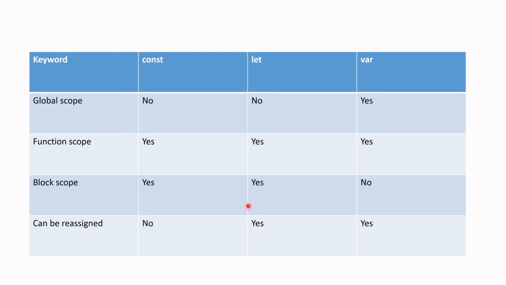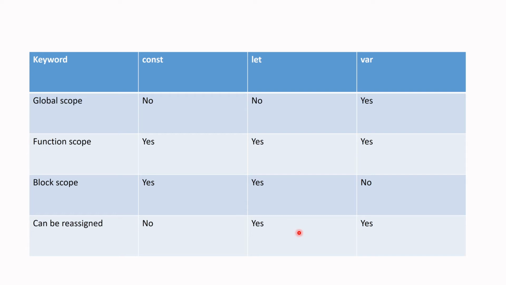If we want to reassign the value, then we will not use const. If we want to reuse or reassign the value, after some calculation or condition check, then we will use the let variable. Otherwise we used var in JavaScript.